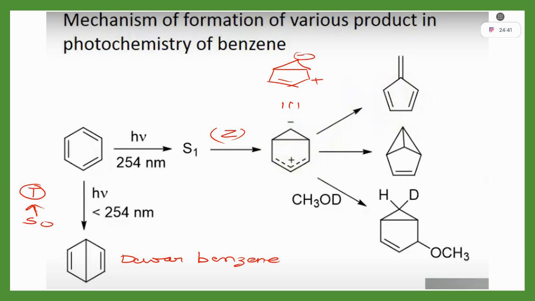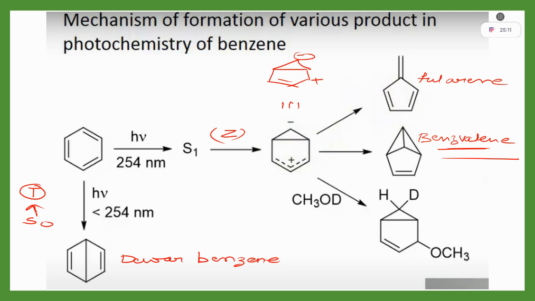Now you just have to join these two bonds and you will get your system. What is this? This is your Dewar benzene. This is your fulvene, and this is your benzvalene, if I'm not wrong. So from this intermediate you can get these two.